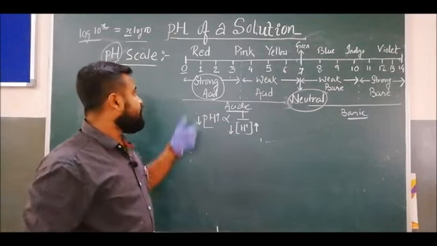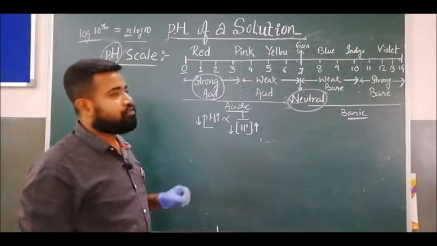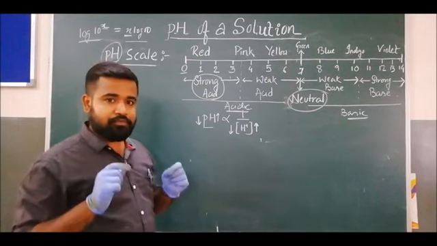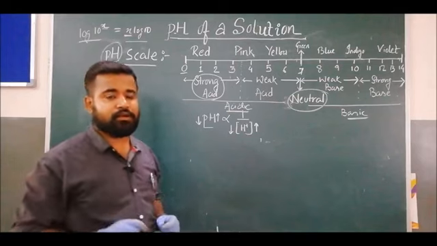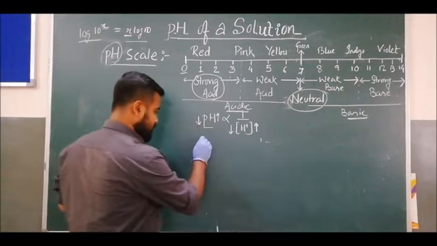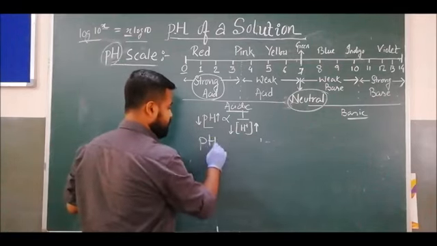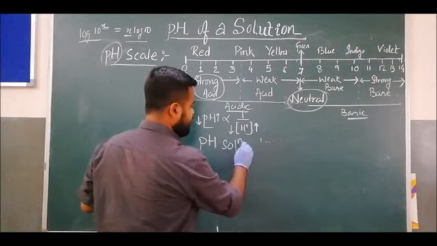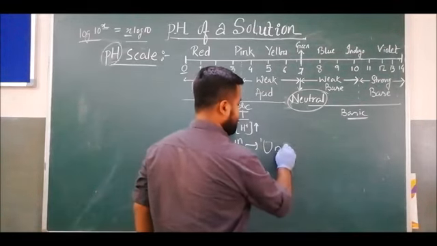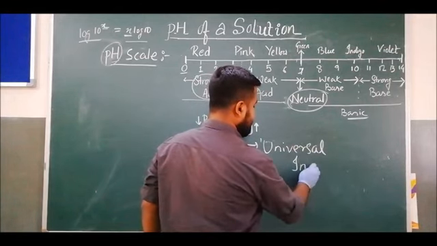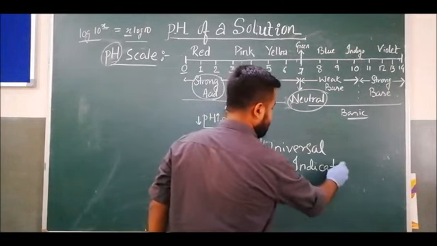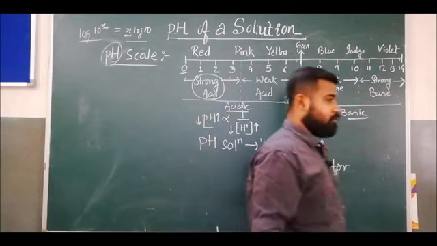Clear? So pH can also be indicated by changing color, because pH solution is known as universal indicator. Why?